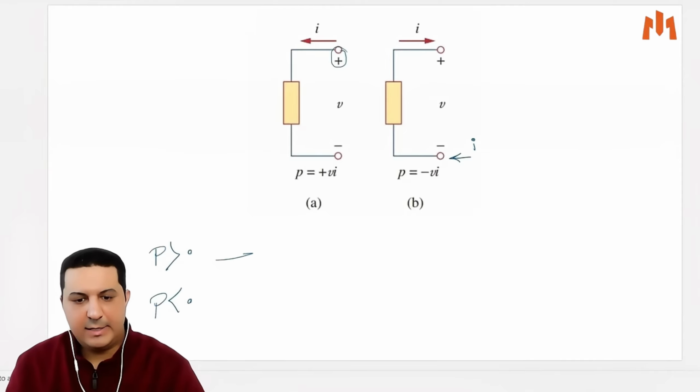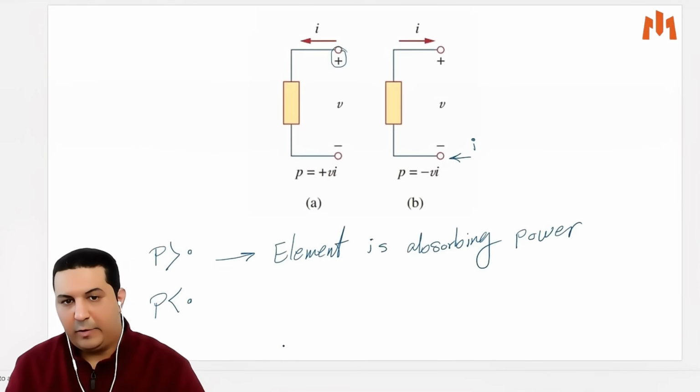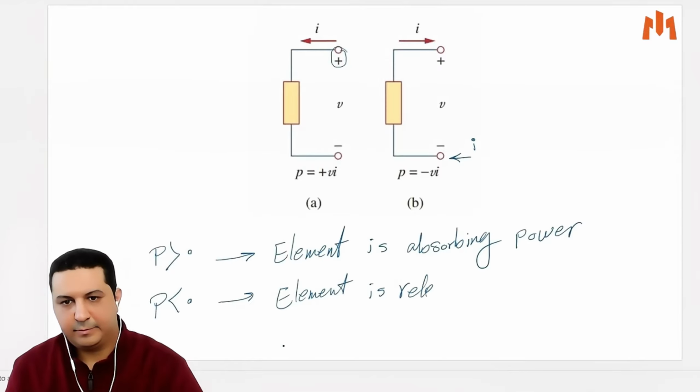If power is positive, the element is absorbing. But if the power is negative, the element is releasing or supplying power.